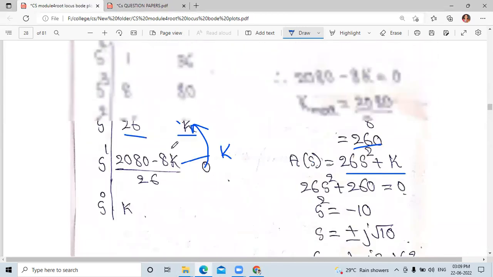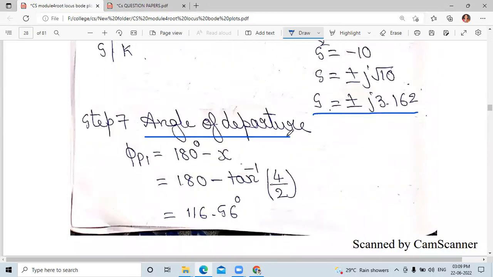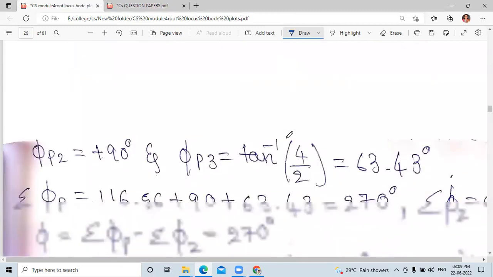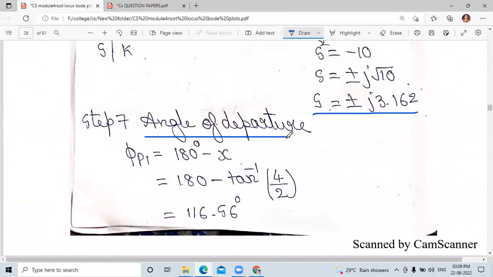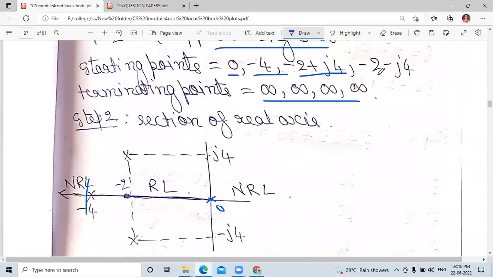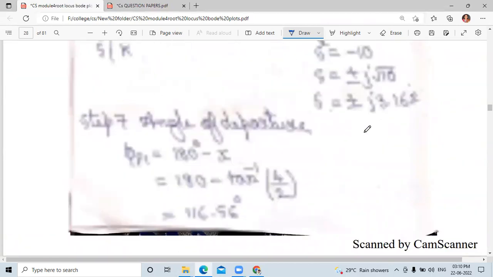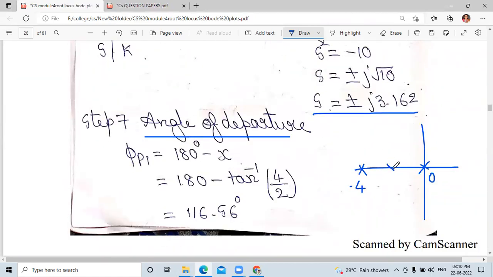Next, in the starting poles we have the complex part, so we need to find out the angle of departure. Here the poles are like this: 0 and minus 4. And the next poles we got are minus 2 plus or minus j4.